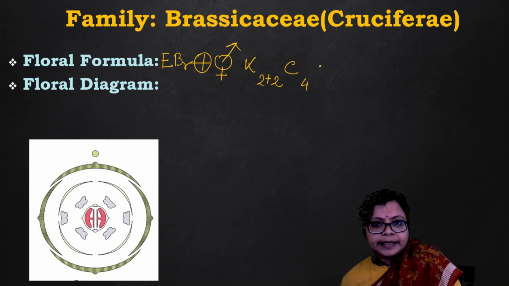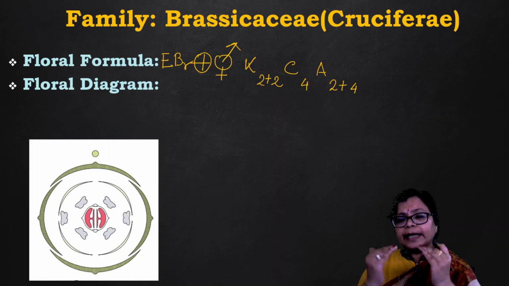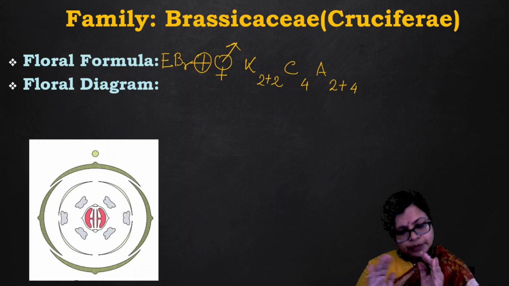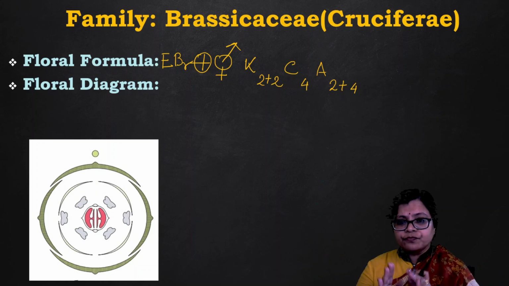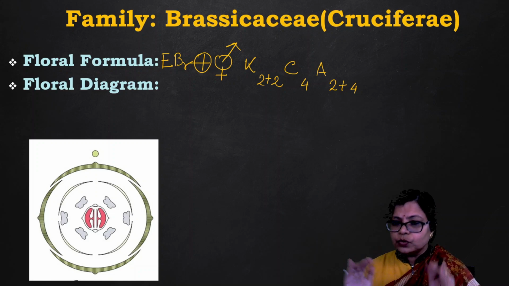Then androecium. Androecium, how many? Tetradynamous, 2 plus 4. Outer 2 are shorter and inner 4 are longer, but they are free from each other. So again we are writing 2 plus 4 to express that 2 whorls are present, but they are not united, so no bracket.